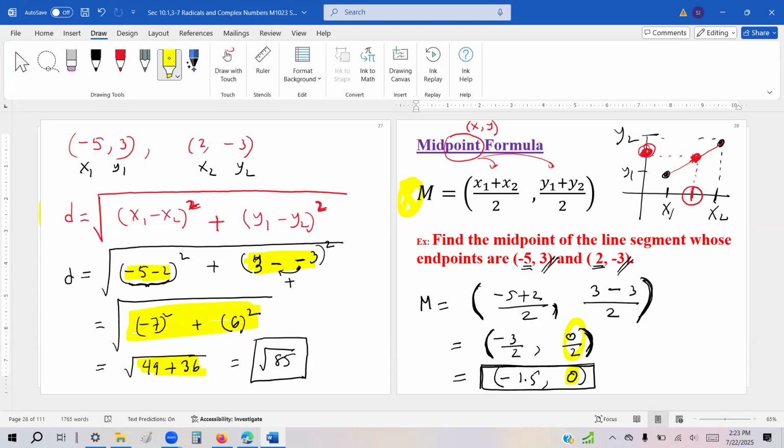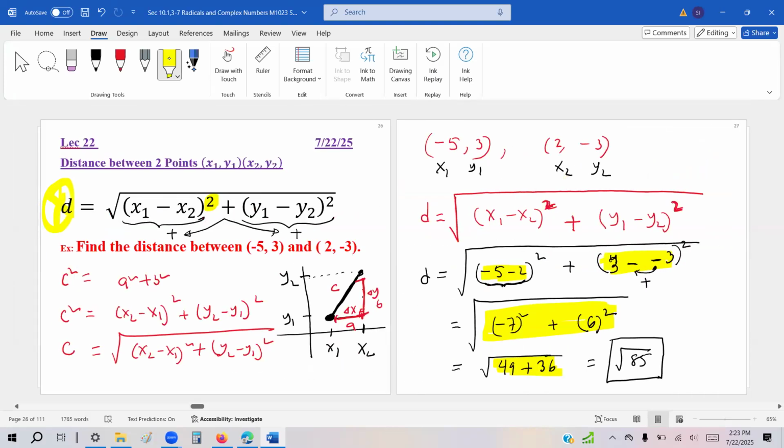No. Distance comes from the right triangle. a square plus b square equals c square. So c is the direct distance between 2 points. And what are a and b? a is the difference of the x's, and b is the difference of the y's. So a square means the difference of the x squared, b square means the difference of the y squared, and c is the square root of the quantity.